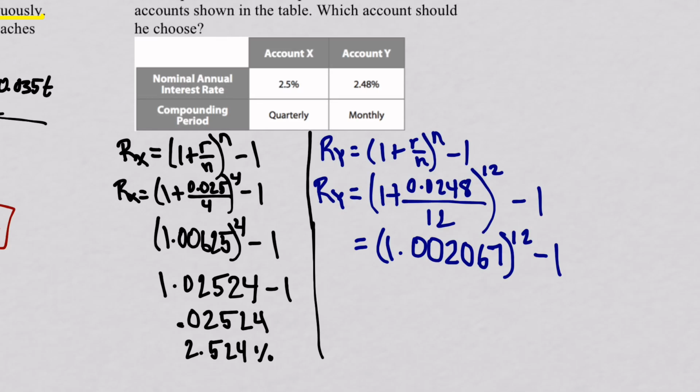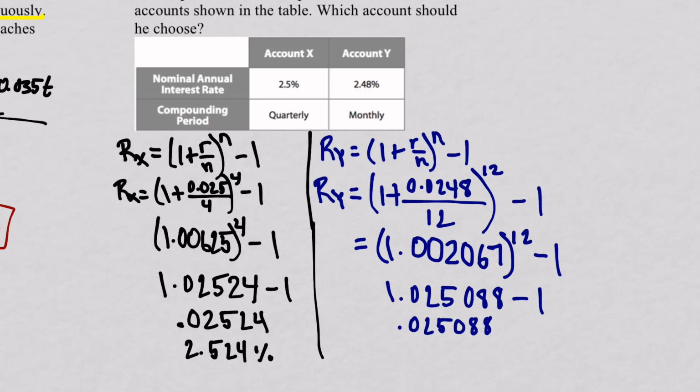So I went ahead and did the next part already. It's going to be 1.002067 to the power of 12 minus 1. And then I'm going to raise it to the 12th power. I get 1.025088, minus 1, which is 0.025088.